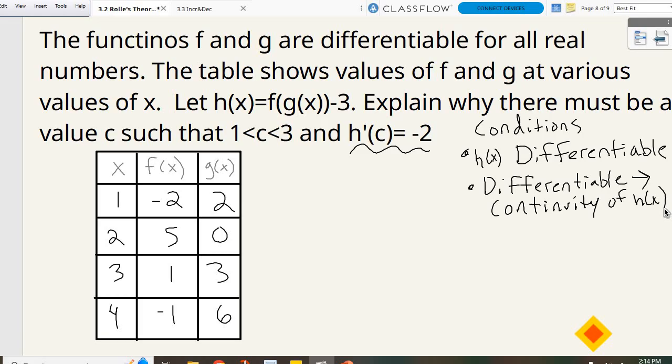So again, what's our about? What are we trying to answer in our question? The C value, well, we're specifically explaining why there must be a C value. Yes? So why is there a guaranteed C value?